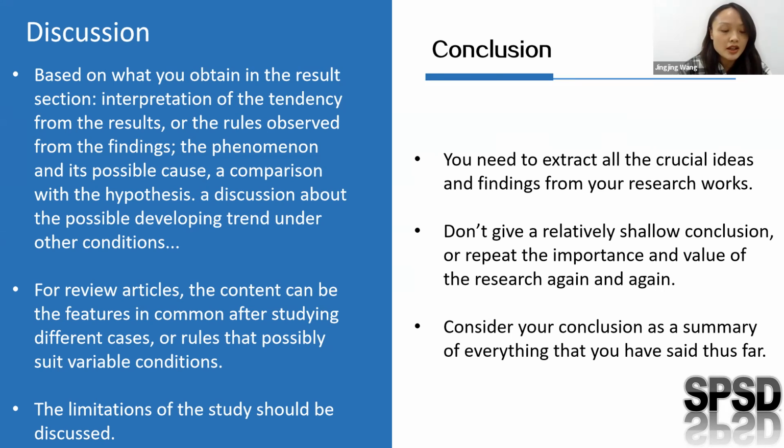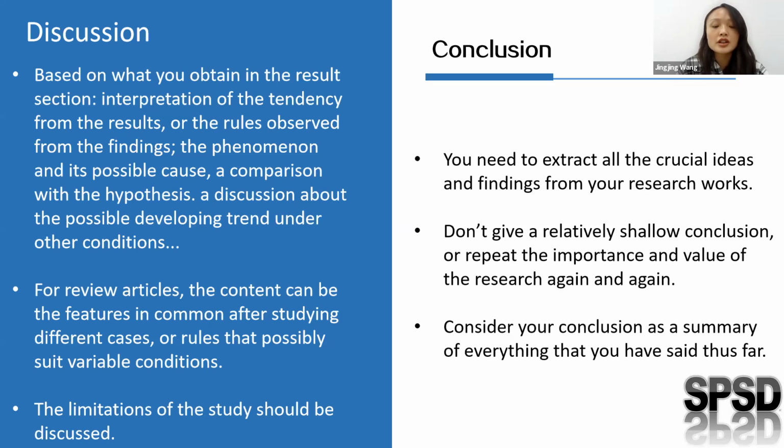It can be the possible cause of the phenomenon. It can also be a comparison with the hypothesis you previously came up with. And it can be a discussion about the possible developing trend under other conditions.